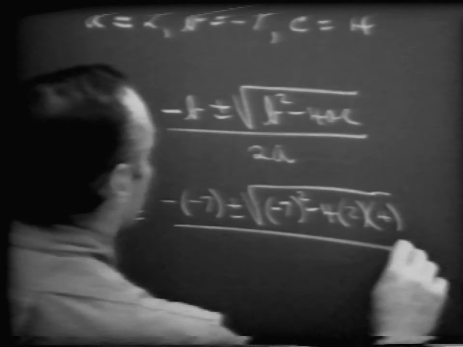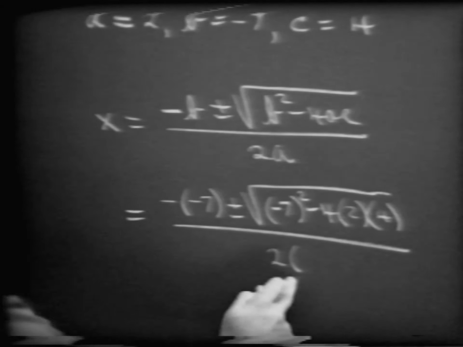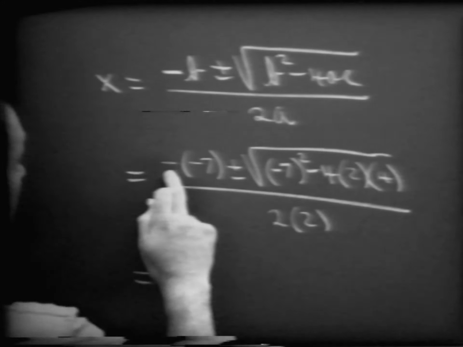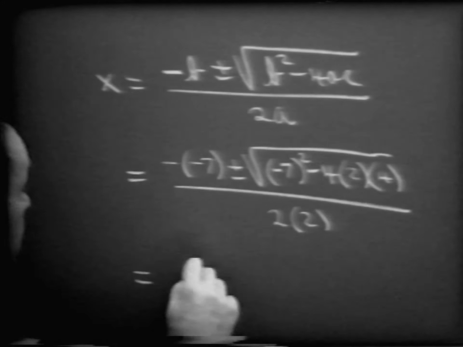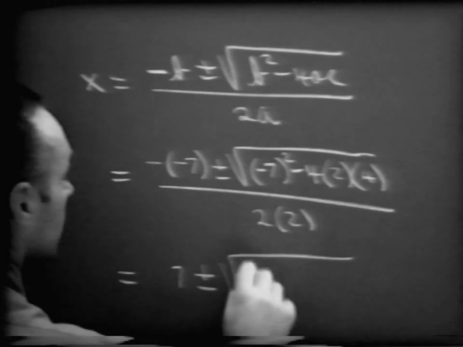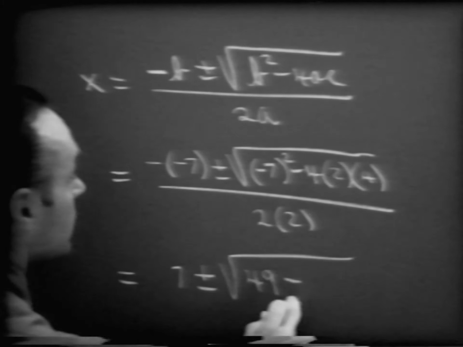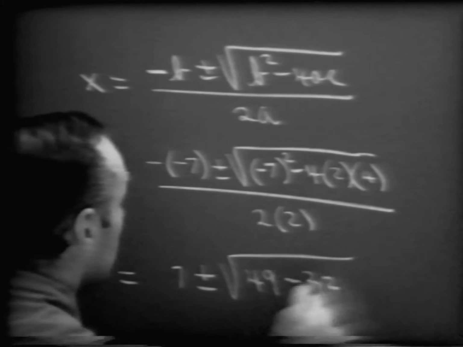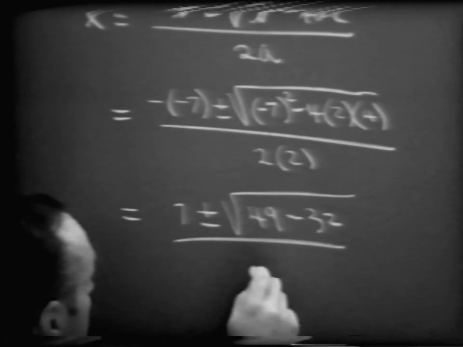And this is all divided by 2 times a, where a is 2. Okay? Let's just keep going here. And now the opposite of negative 7 is 7 plus or minus the square root of negative 7 squared is 49 minus 4 times 4 times 2 is 32, all over 2 times 2 is 4.